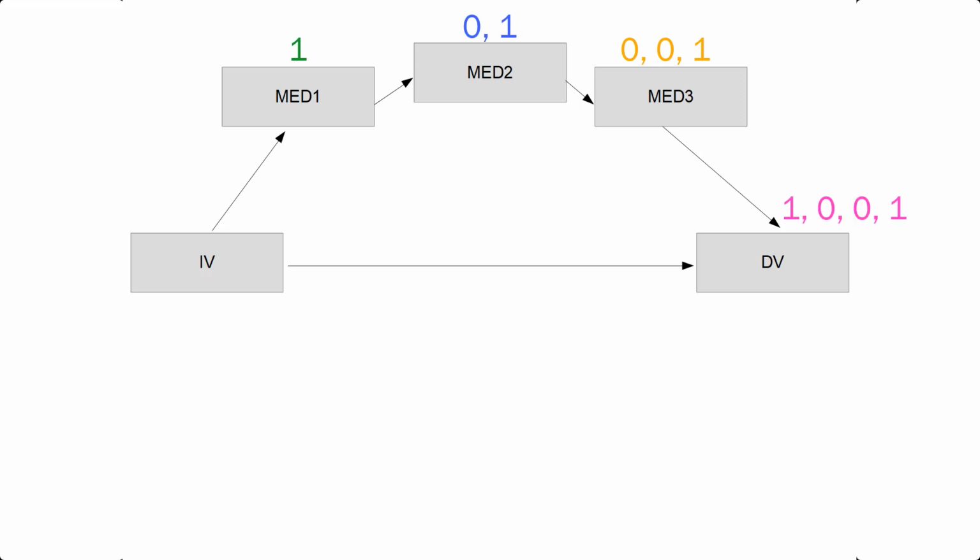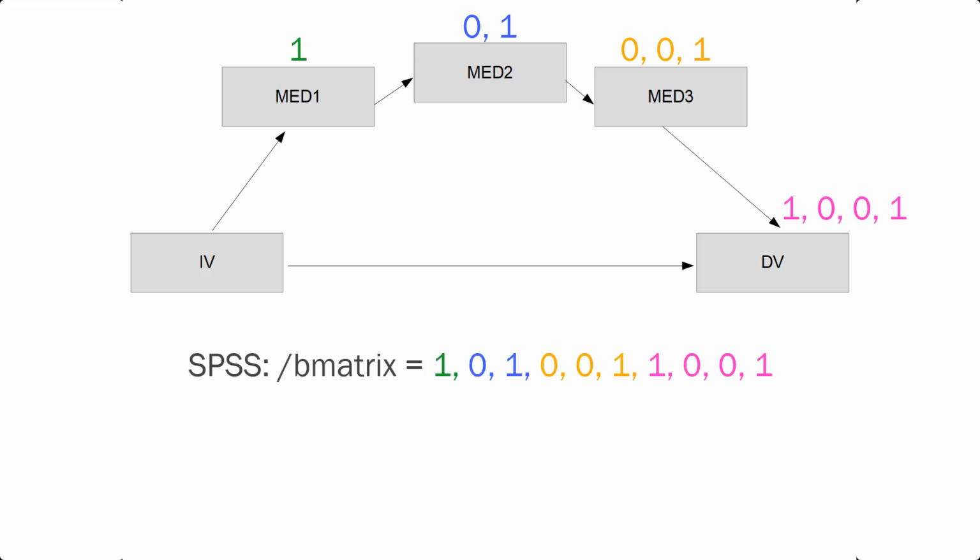And the dependent variable is predicted by the independent variable, 1, not predicted by the mediator 1, so a 0, not predicted by the mediator 2, another 0, but predicted by the mediator 3, a 1. And if we take all those numbers together, we have the numbers for our B matrix.